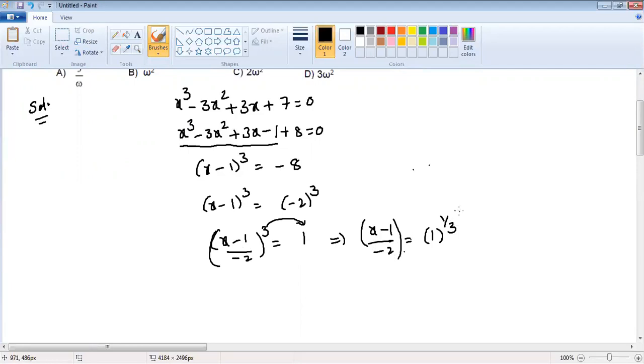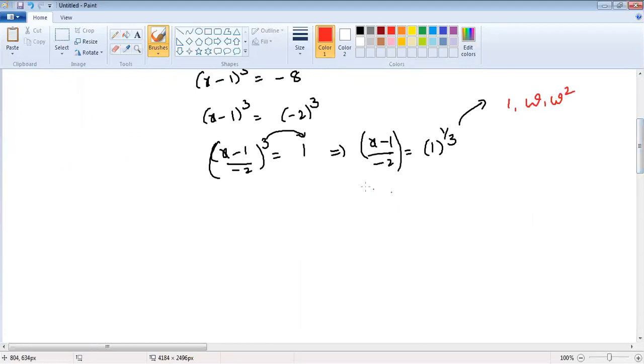Now, we know the cube roots of unity. What are the cube roots of unity? 1, omega, omega square. If you apply that concept, (x minus 1) by minus 2 can be written as the roots 1 or omega or omega square.